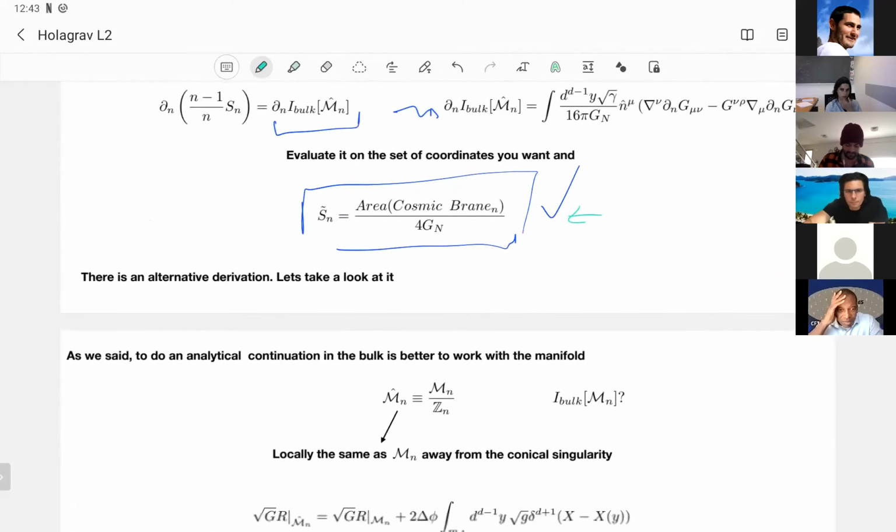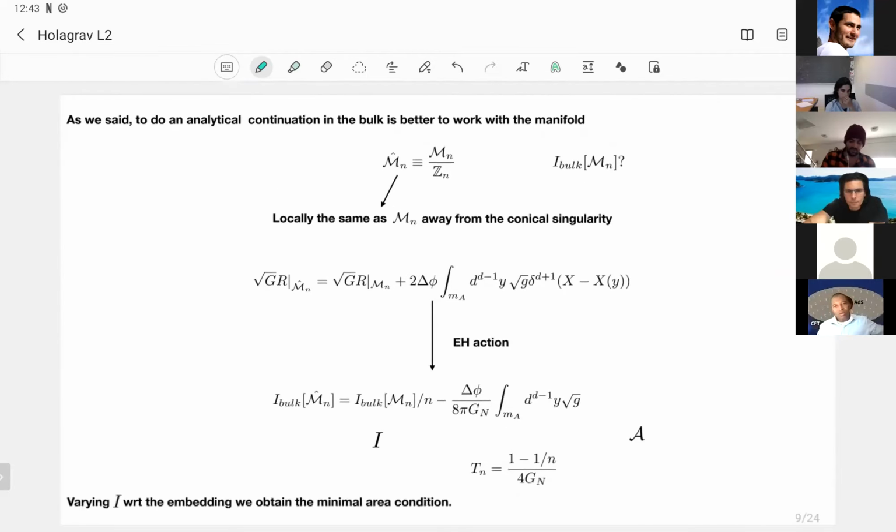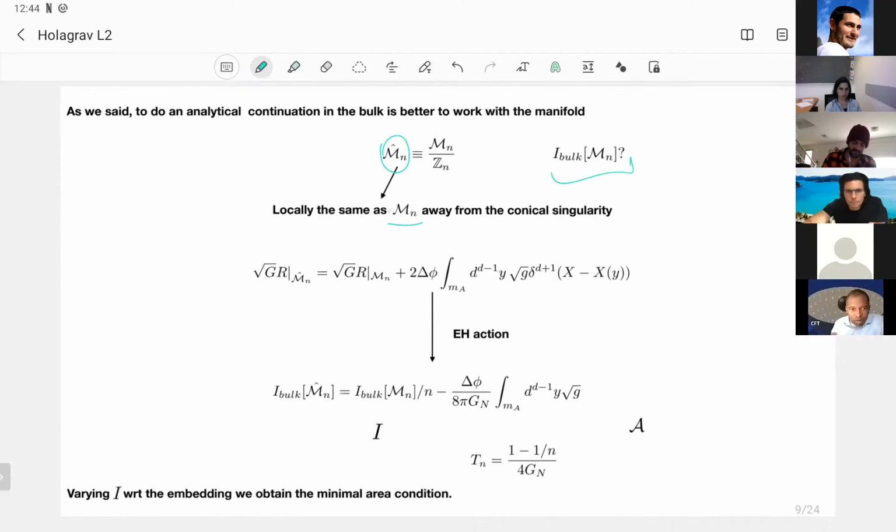There is another way. Instead of computing the action on M hat, that we were doing, that in fact is locally the same as Mn away from the conical singularity, we are going now to compute this, and as Carlos said, you can see that the Einstein-Hilbert term, or square root of G times R, on this M hat is the same as square root of G R on the manifold Mn, times these contributions that are due to delta functions placed on the codimension 2 surface.